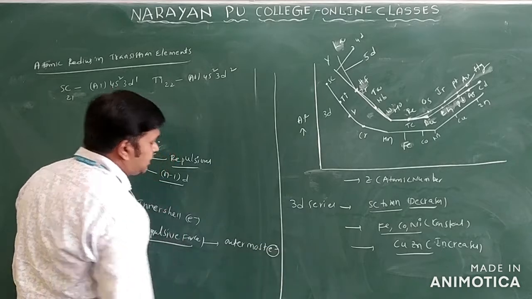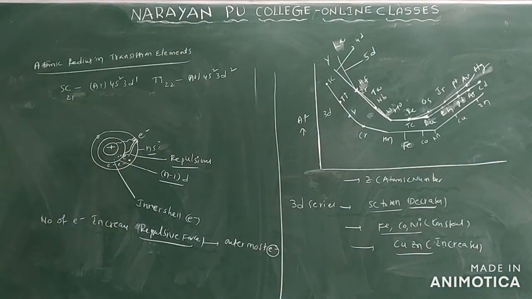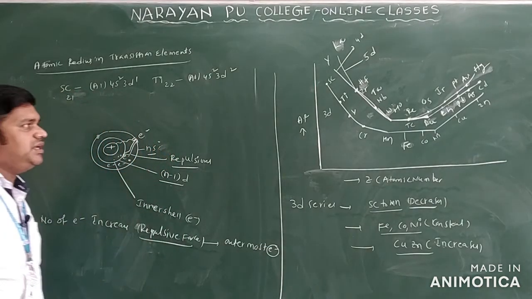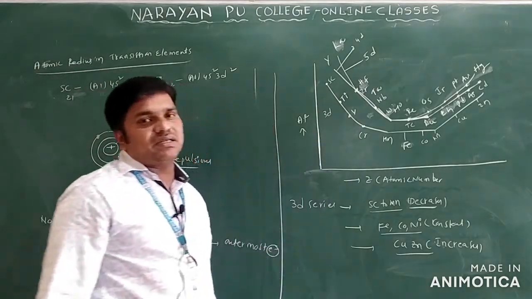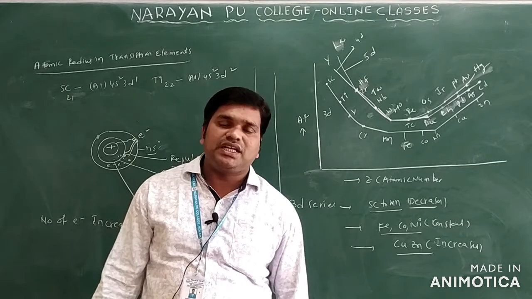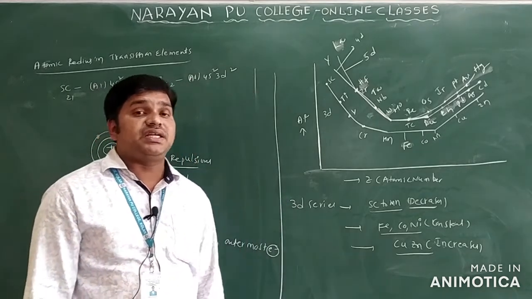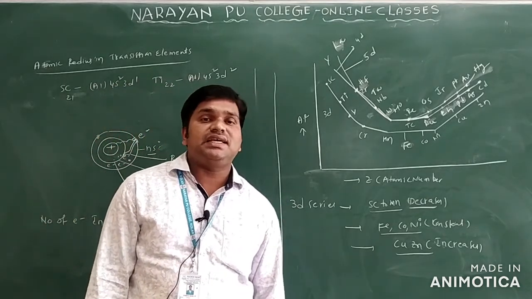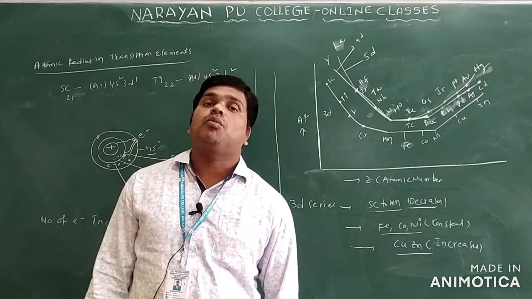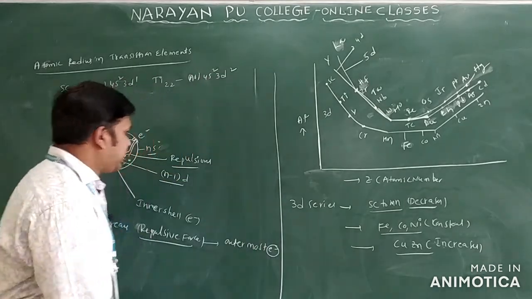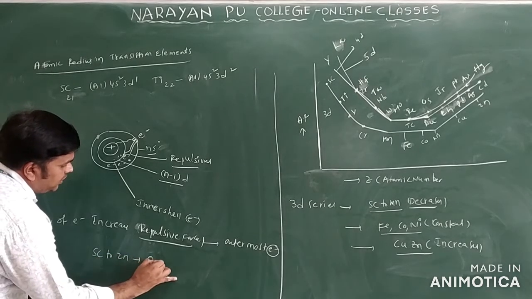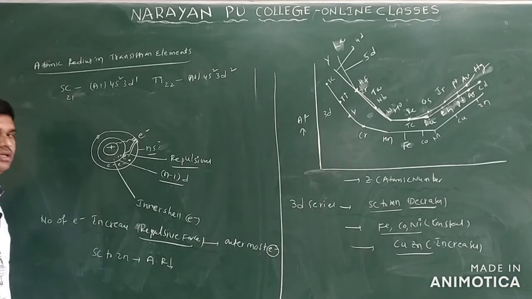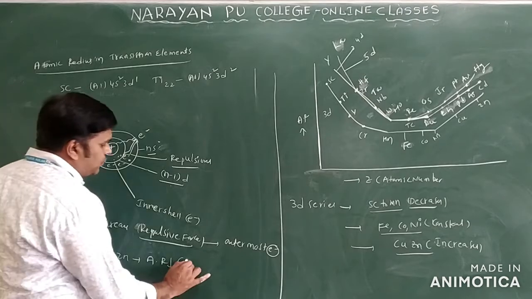So initially, from scandium to chromium or manganese, the atomic radius decreases. Why does the atomic radius decrease? Because the repulsive forces are dominating. So from scandium to manganese, the atomic radius decreases, because the repulsive forces are dominating.